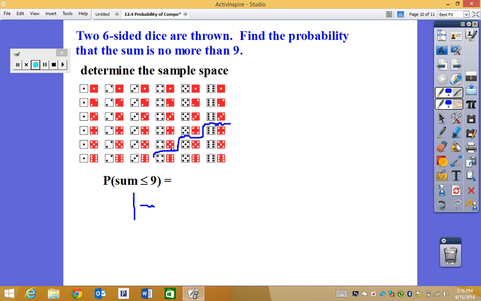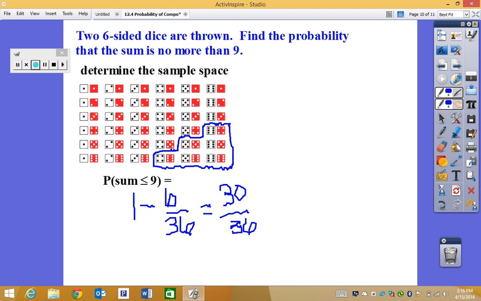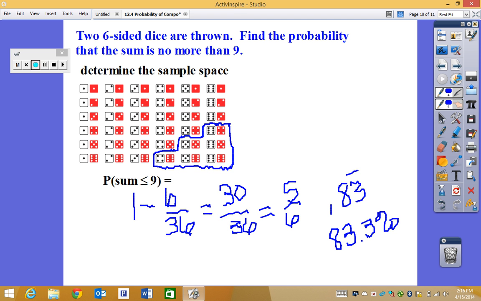And that would be right in this area, which means there are 6 different ways that we can roll the dice to get that, so 1 minus 6 out of 36 gives 30 out of 36, reducing to 5 out of 6, which is 0.83 repeating, or approximately 83.3%.